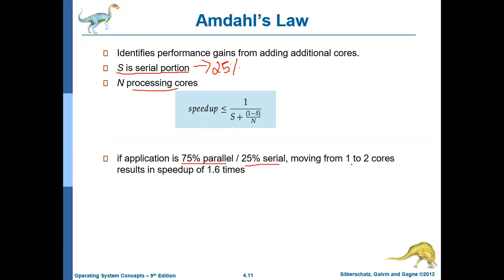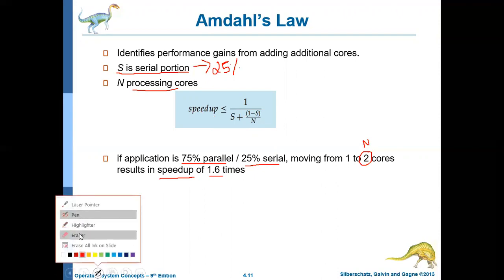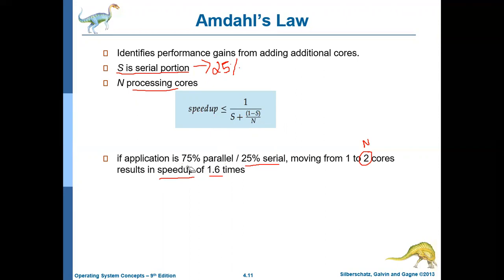And let us assume we are moving from one core to two cores, so the current value of N is 2. Then how much will be the performance gain? If you apply this equation, you will get a value of 1.6. It means the speedup will increase by 1.6 times. So this is the law using which you can calculate the performance gain by adding additional cores or processors.